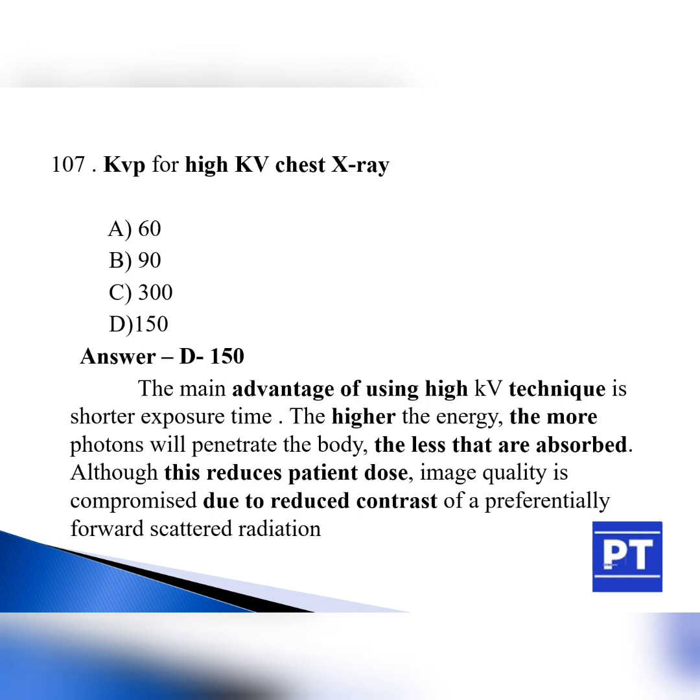The higher the energy, the more photons will penetrate the body and the fewer are absorbed. Although this reduces patient dose, image quality is compromised due to reduced contrast from increased forward scatter radiation.